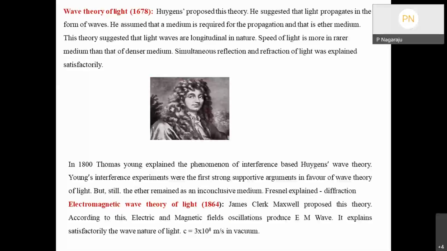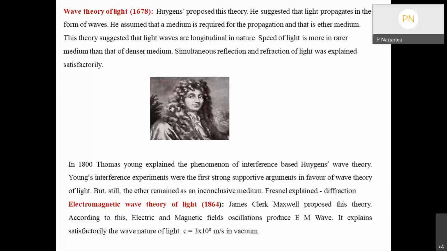Of course, to explain the phenomenon of interference and diffraction, the longitudinal wave nature of light was sufficient. But polarization could not be explained based on the longitudinal wave nature of light. And therefore, Fresnel suggested that the light waves are transverse in nature.